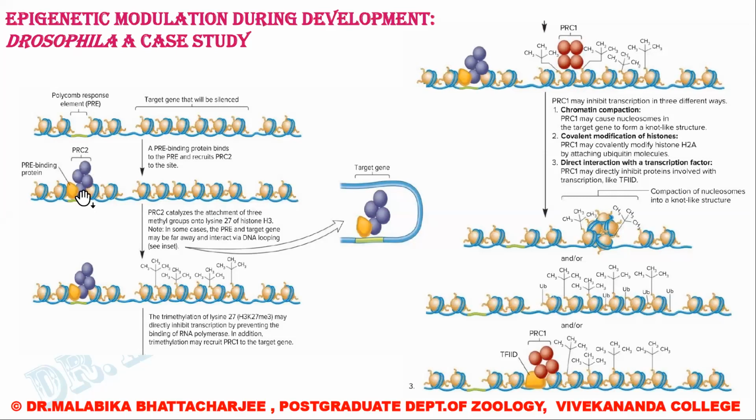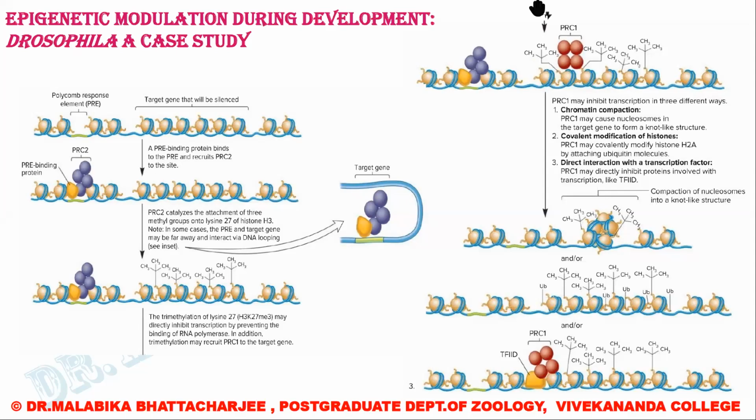PRC2 then catalyzes the attachment of methyl groups. It activates methylases to add methyl groups to lysine 27 of histone 3. So you can see there are trimethylations occurring in the histone 3 of the target gene area. As a result of this trimethylation, next what happens?